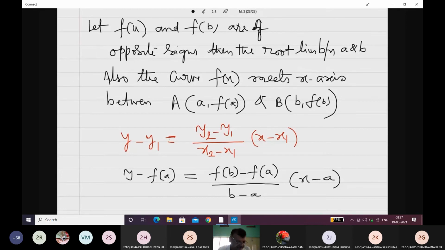This is the chord equation, and we call it equation 1. This chord meets the x-axis at some point. Suppose the line meets the x-axis, which coordinate is equal to 0?